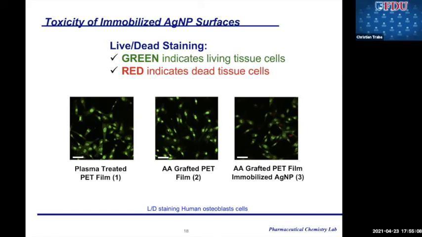Confocal microscopy also revealed that our immobilized surfaces allowed for proliferation and continuous cell growth. The results obtained from these studies suggest that immobilized surfaces possess a balance between killing bacteria and biocompatibility with tissue cells.